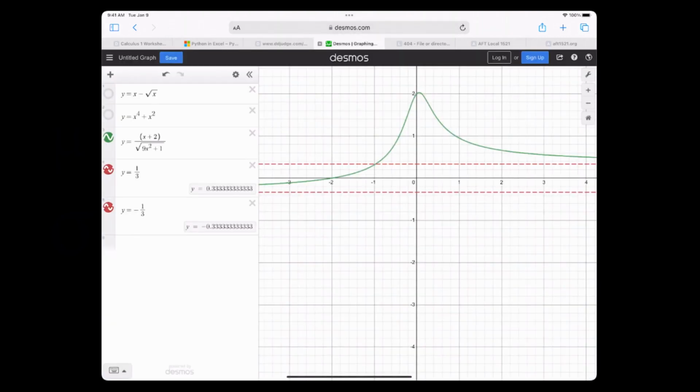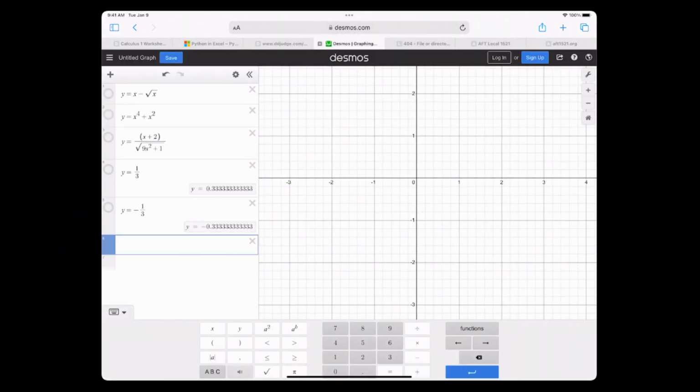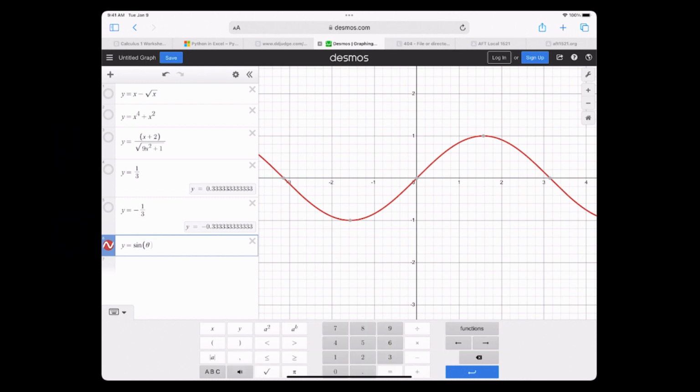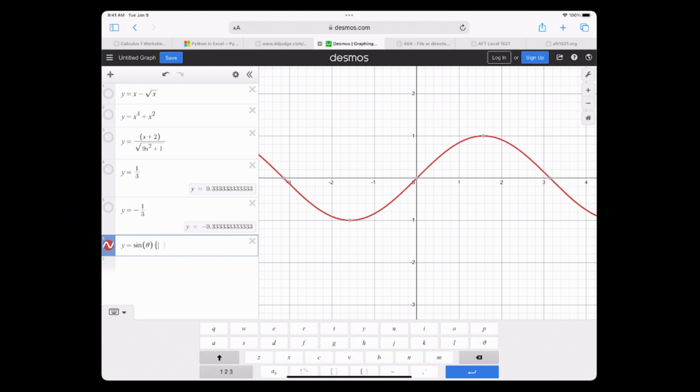I'm going to go to Desmos even. Where's theta? Oh, there we go. Here's theta. This is sine theta, by the way. And we want to know where this equals what.